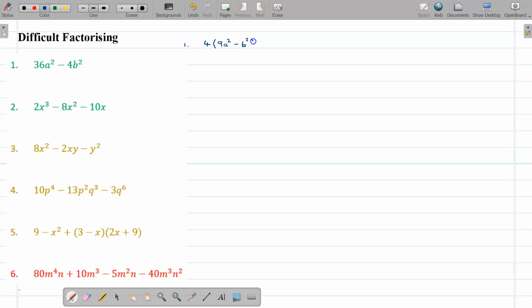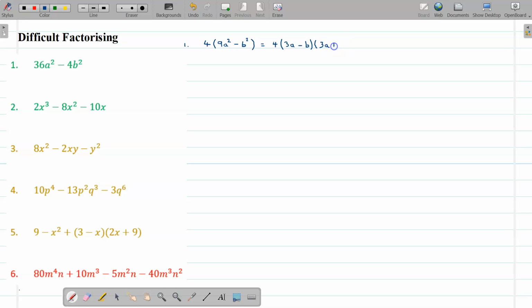Now it's still the difference of two squares because 9a squared and b squared are square numbers. So I now need to split that bracket up into a pair like this, 3a minus b and 3a plus b.